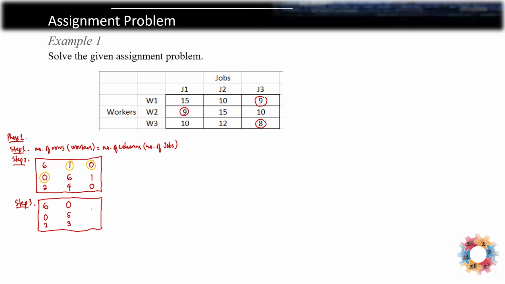And for the third column, again, the smallest value is 0, so it will not be affected. So this is the matrix obtained using column reduction and row reduction.